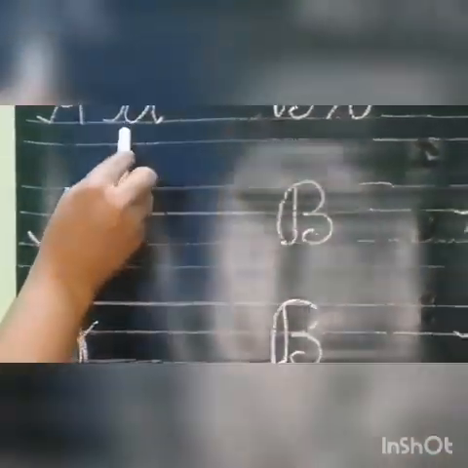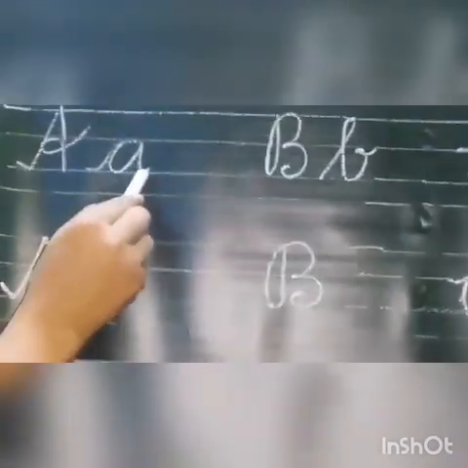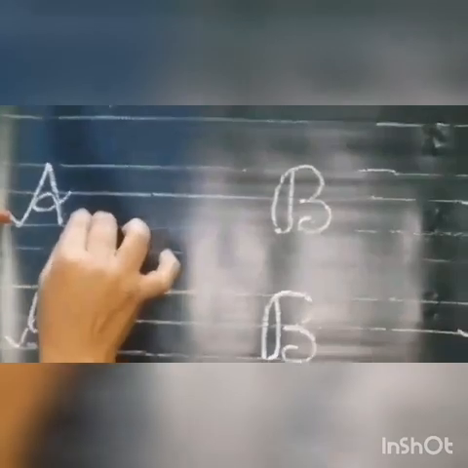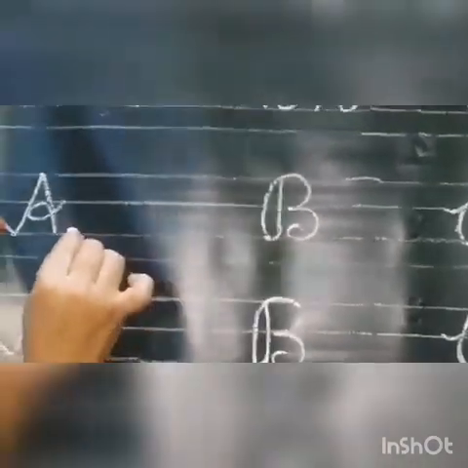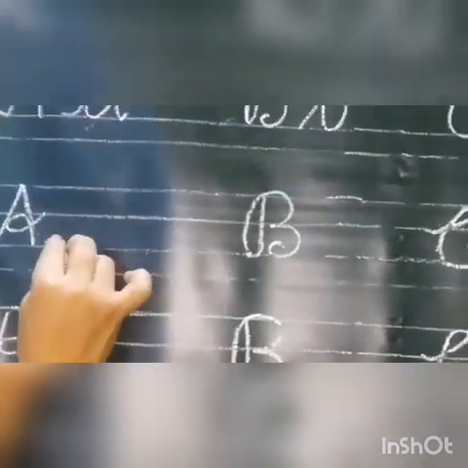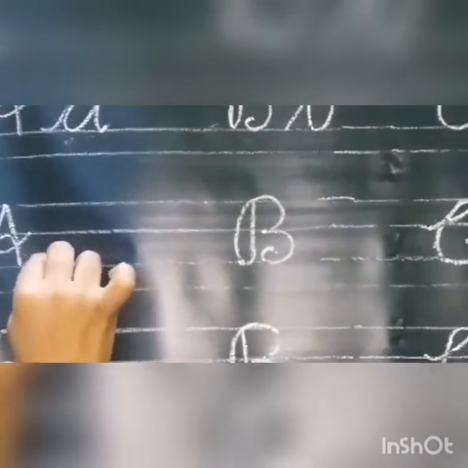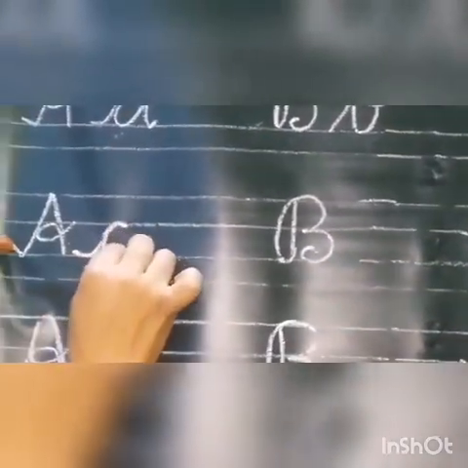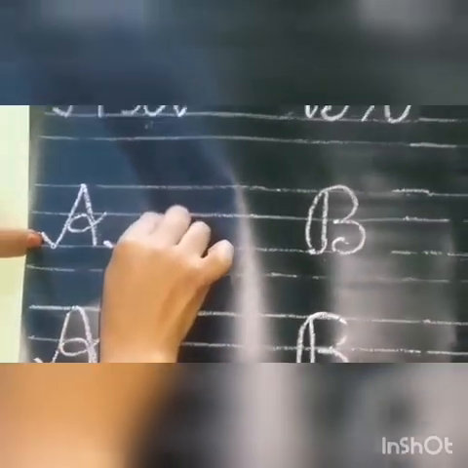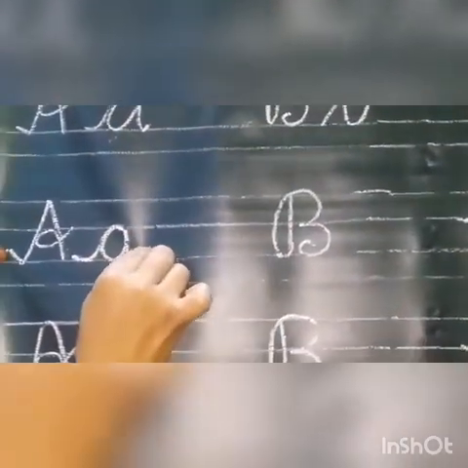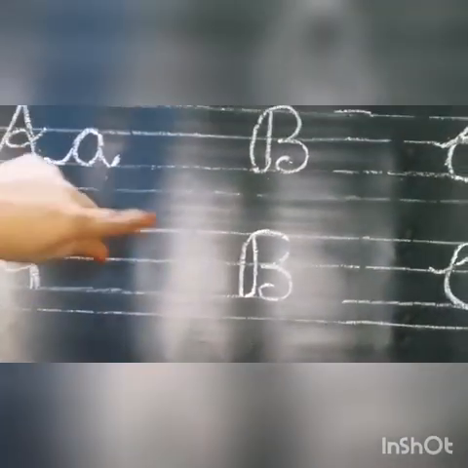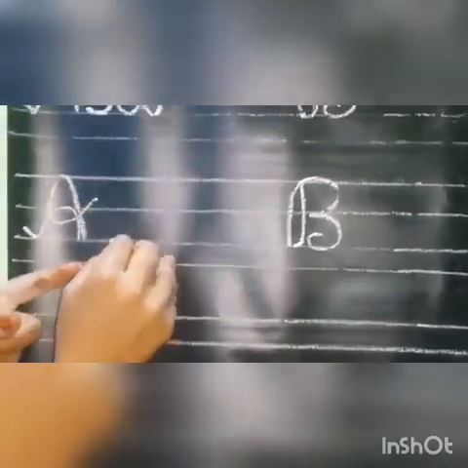Then next we see the small letter cursive alphabet A. Then you make a small curve from the third line to the second line. Okay. Write this way. Then make a full circle and come down and make it, we get letter A. Then once again I repeat it.